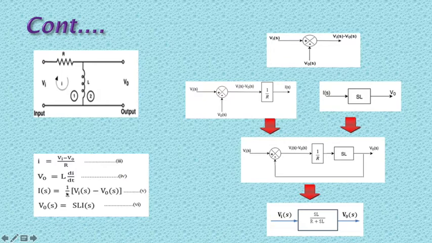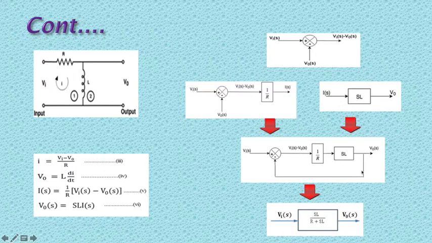Next, multiply by 1 by R, and this signal is I(s). So this output equals this block into this signal. Then from this equation, this is output and this is input, so this is block SL. Then combine these two blocks. These two are series connected.